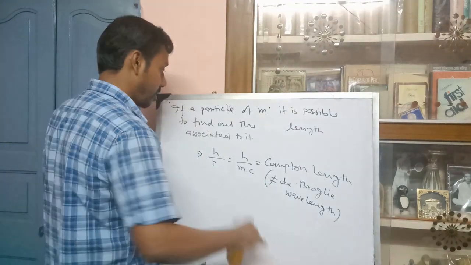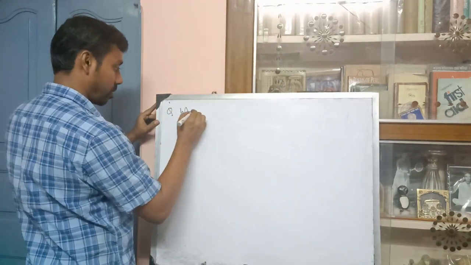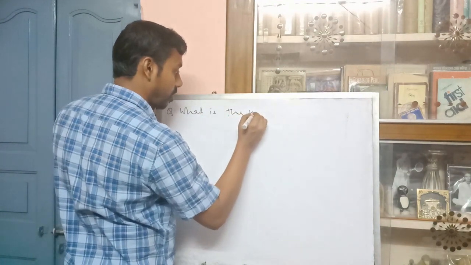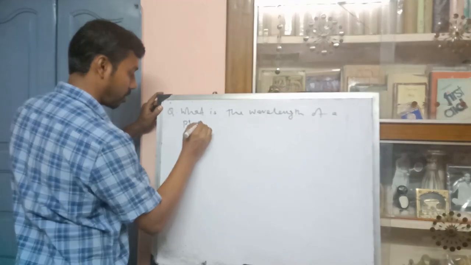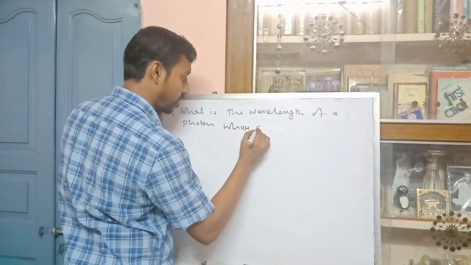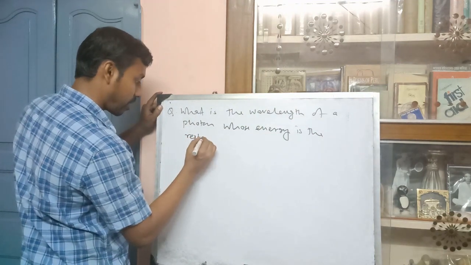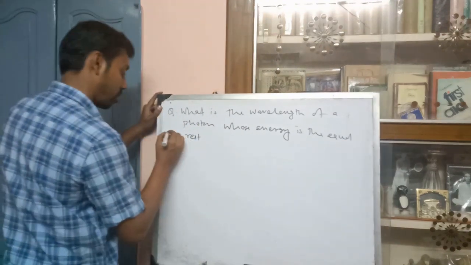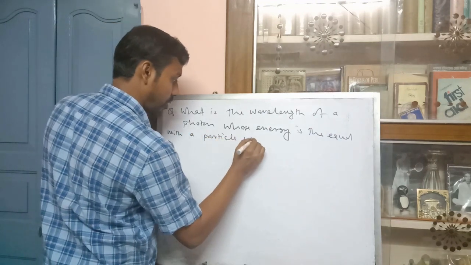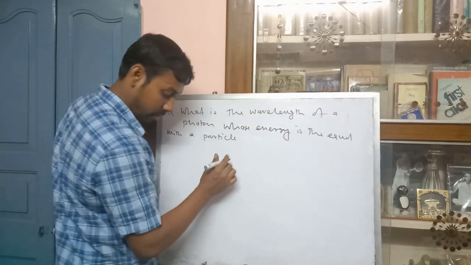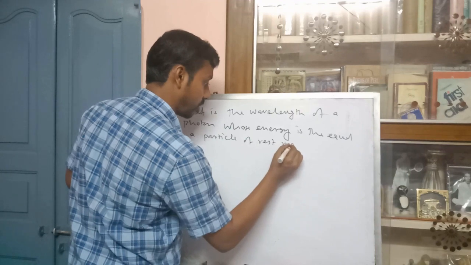Suppose the question is, what is the wavelength of a photon whose energy is equal to the energy of a particle of rest mass m?